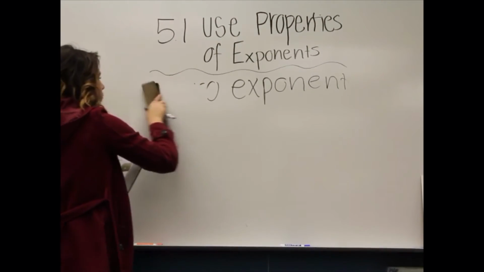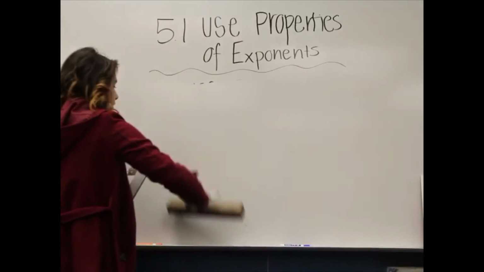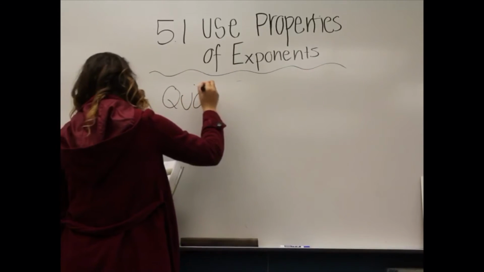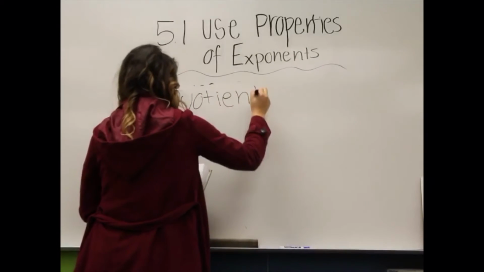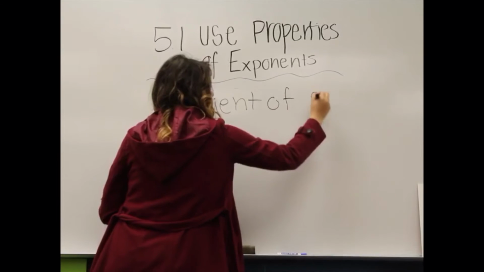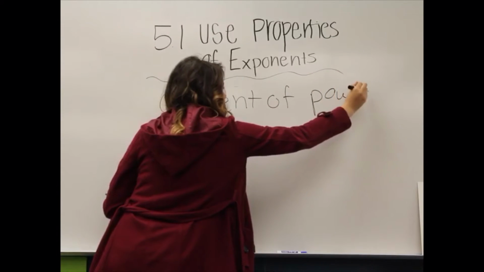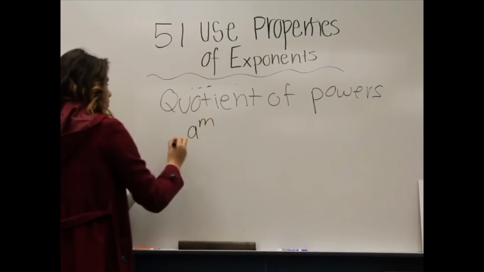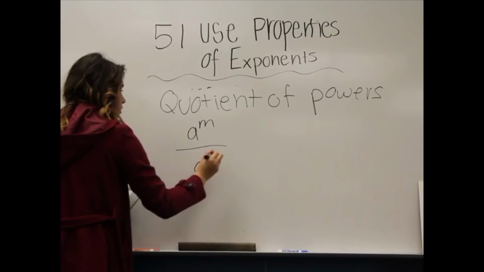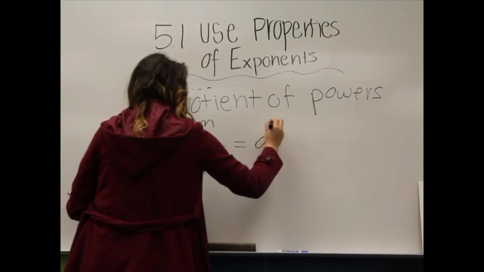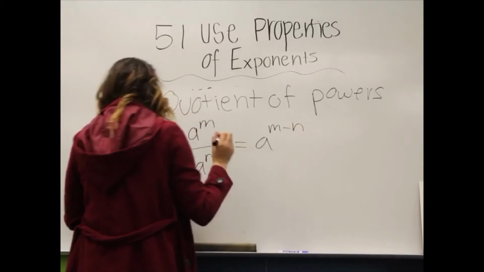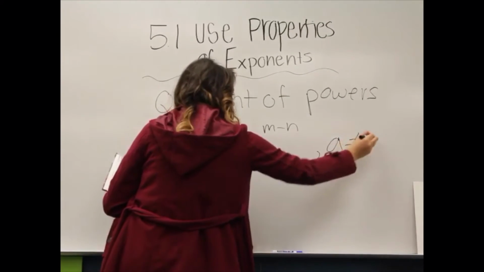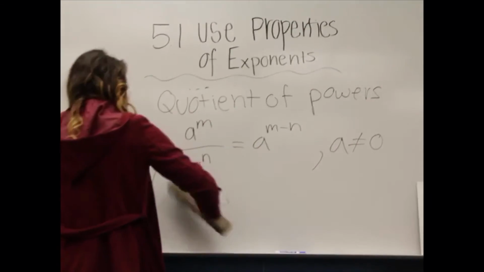So the next property would be the quotient of powers, which would be A to the m over A to the n, which equals A to the m minus n, where A does not equal 0.